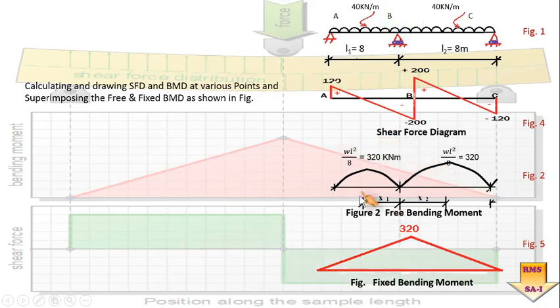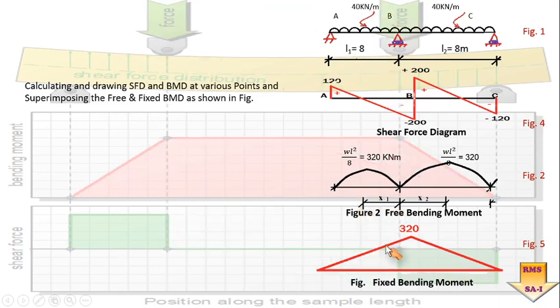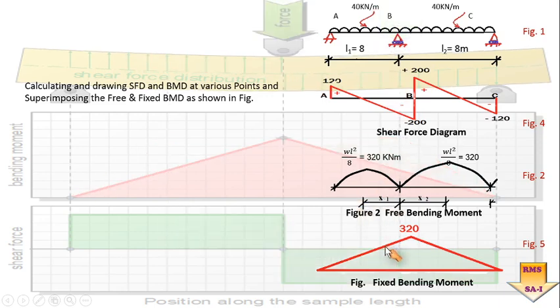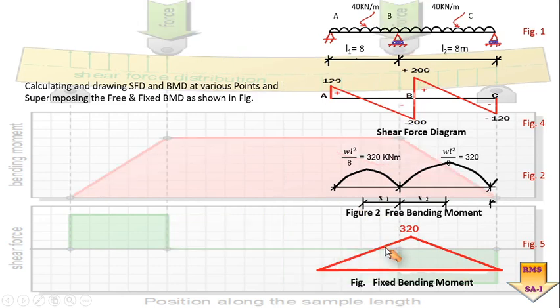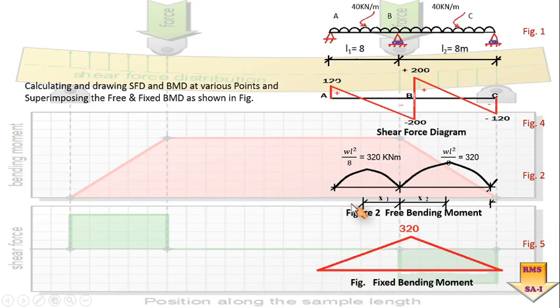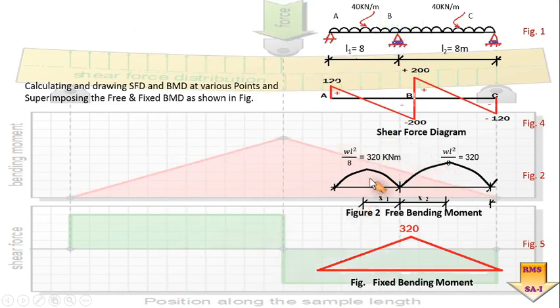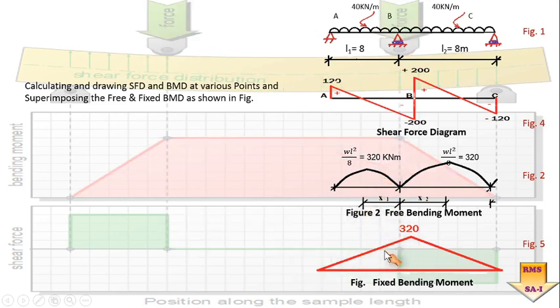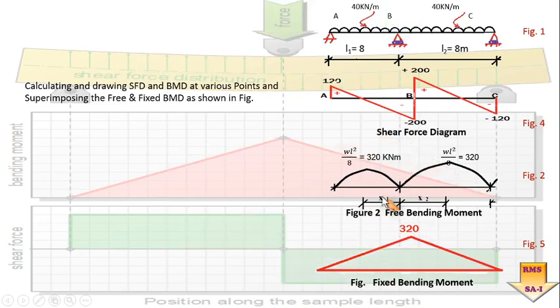Is it okay? So after finishing with all these three, we are interested in finding out the resultant moment. So in order to find out the resultant moment, I will be superimposing both these bending moment diagrams one above the other.